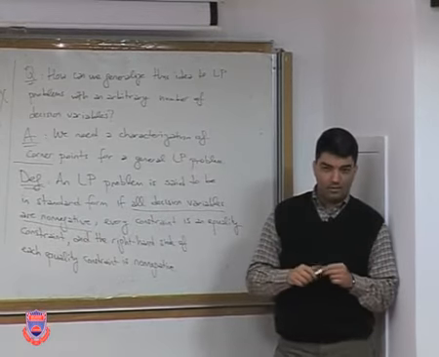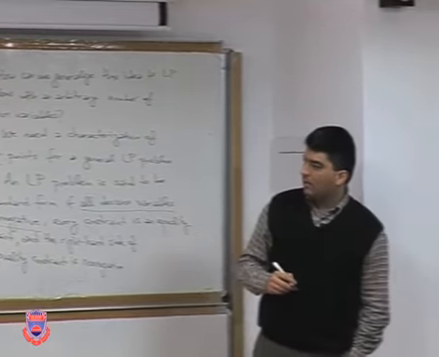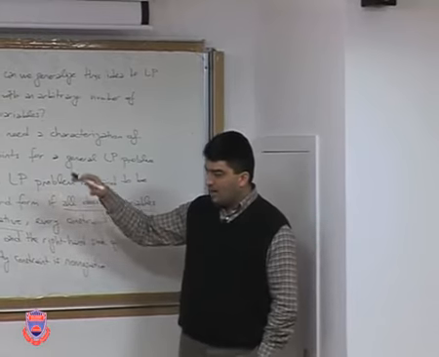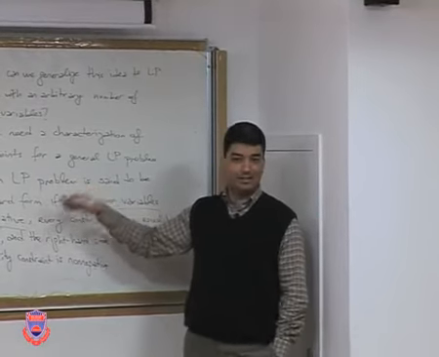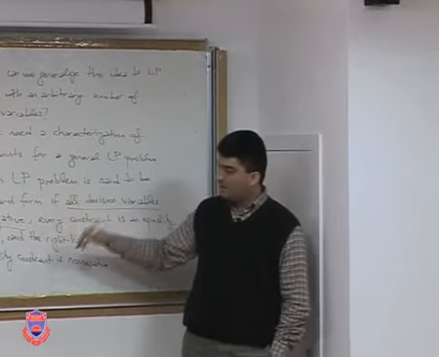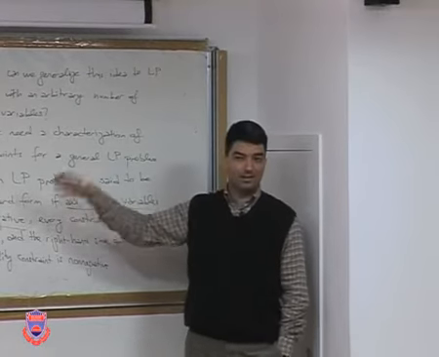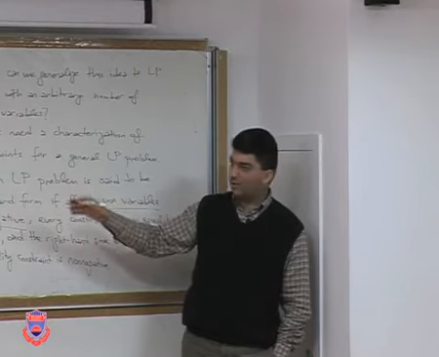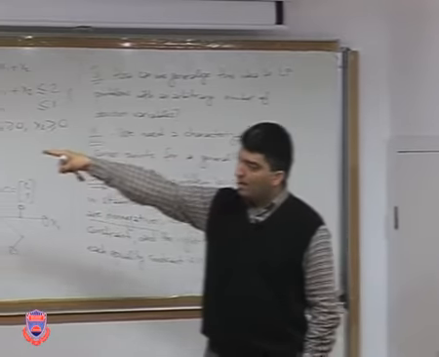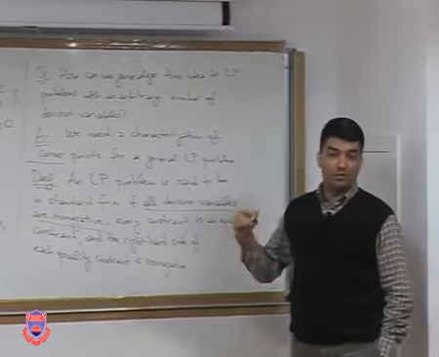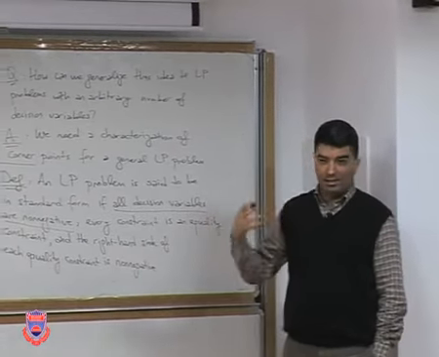And if you recall, a couple of weeks ago we said that if the LP problem has the property that all variables are non-negative, then it cannot contain a line. If it cannot contain a line, then there has to be a corner point. So if the feasible region is non-empty, there's always a corner point. I guarantee that my LP problem in standard form always has a corner point.